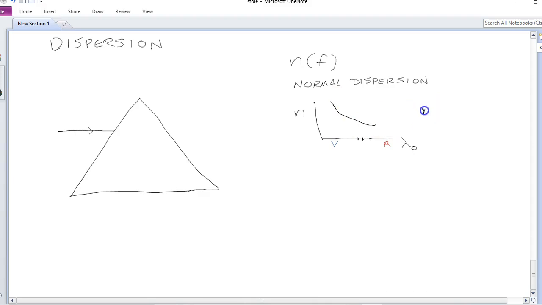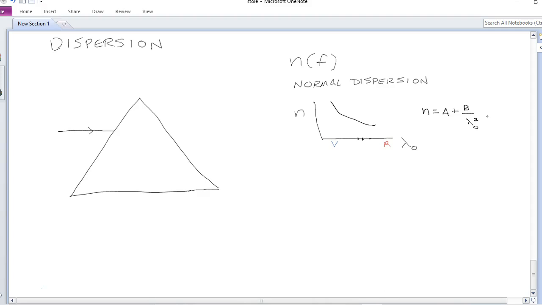In fact, this is known as the Cauchy formula. Often what people will fit this to is a constant, I'll call it A, plus another constant B over the free space wavelength squared. That is often done in optics as a fit to that dispersion curve.